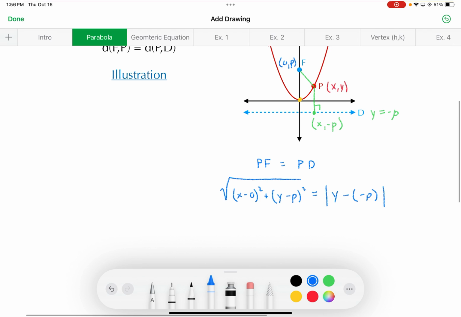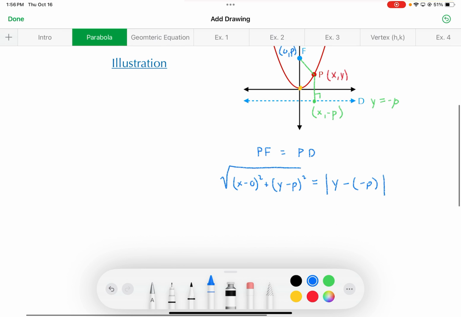Okay. All right, now let's manipulate this. I'm going to square both sides. Actually, how about we clean this up first? Let's make this square root of x squared plus y squared minus 2yp plus p squared equals the absolute value of just y plus p.